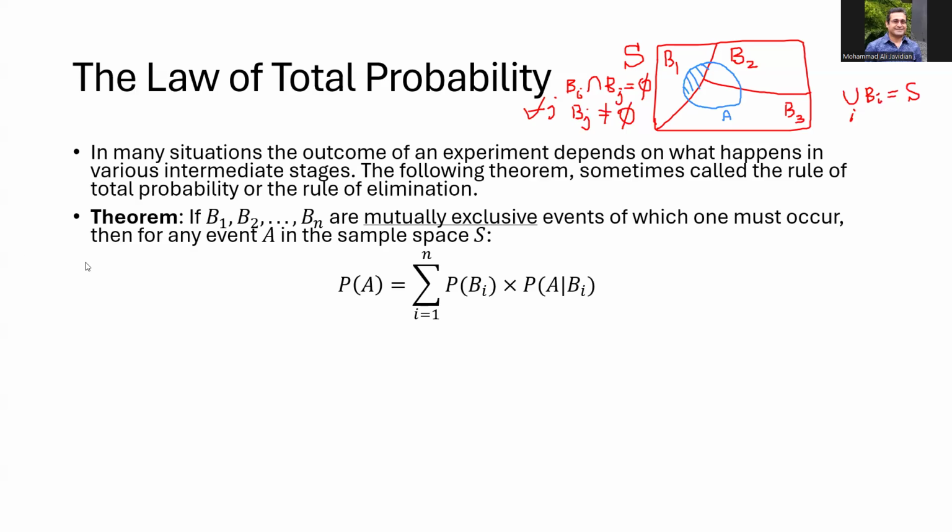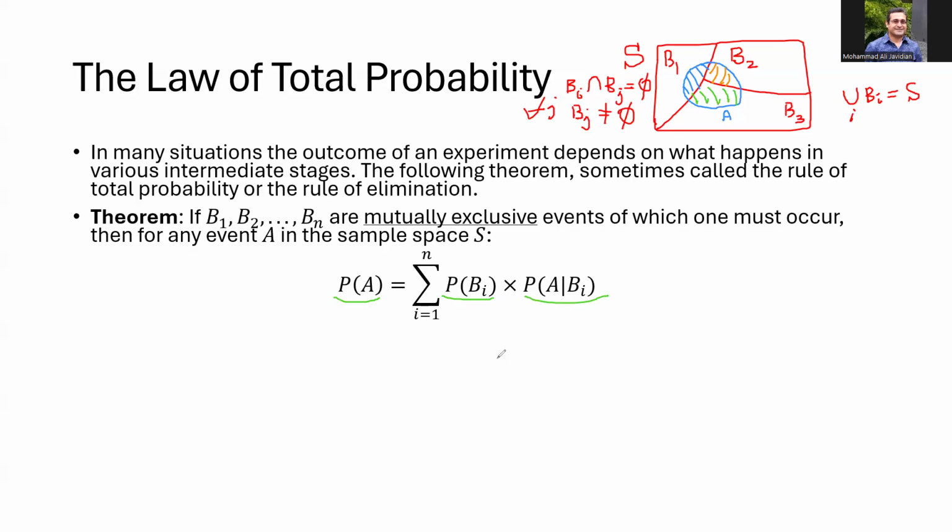Part of it is in subspace B2. And part of it is in subspace B3. So the probability of A depends on the probability of the subspace and the portion that happened in that subspace. So very simple.